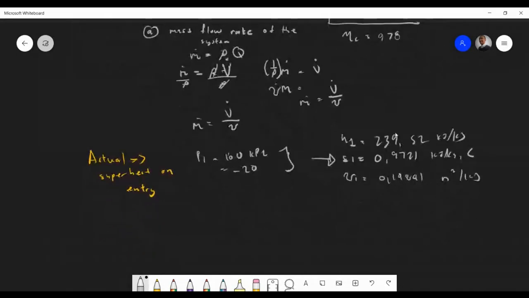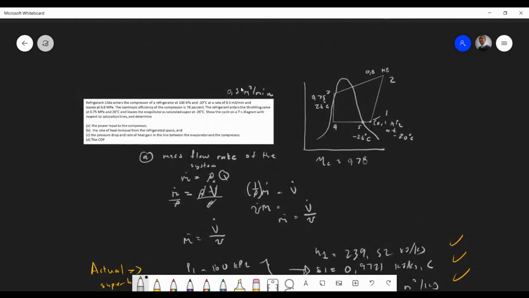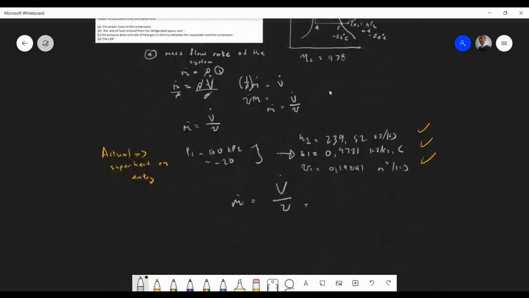Okay, so to find our mass flow rate, as I mentioned, remember the volumetric flow rate, which is important, is 0.5 meters cubed per minute. So we take 0.5 divided by 60, divided by 0.19841.